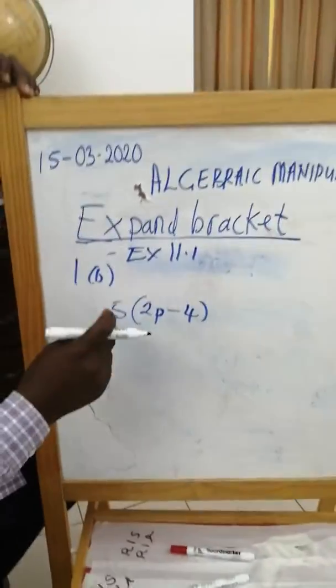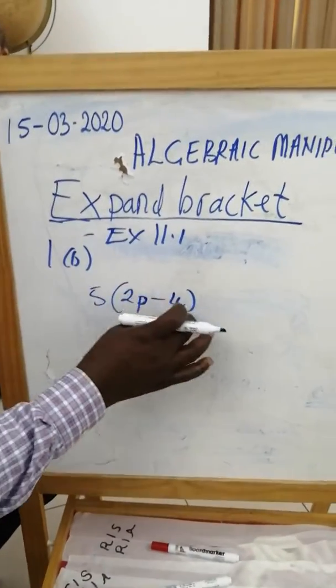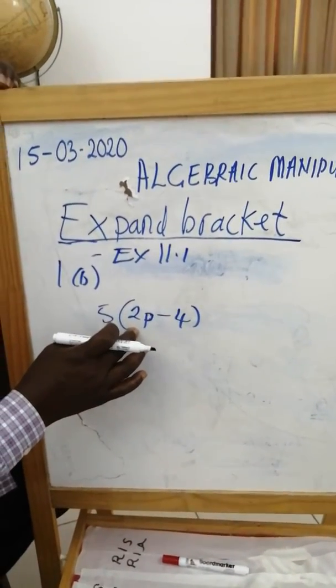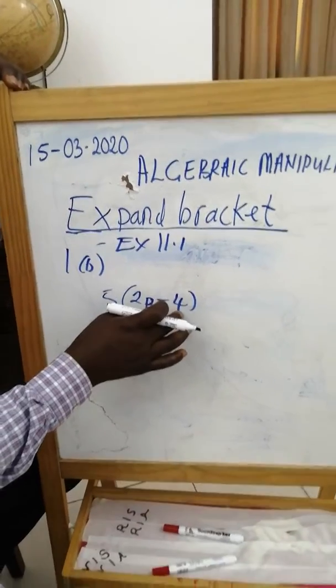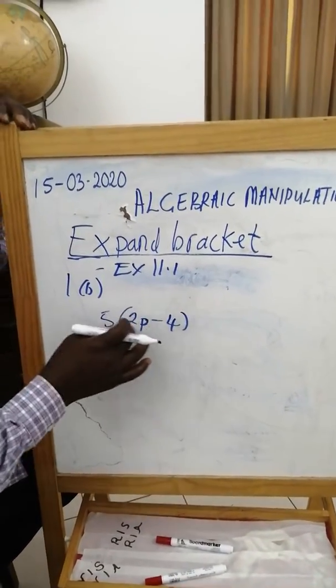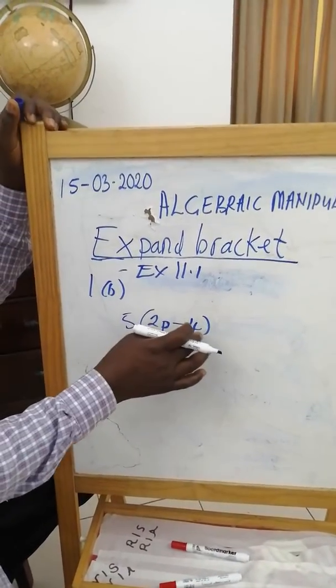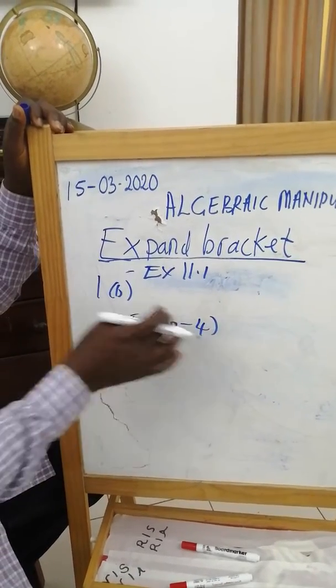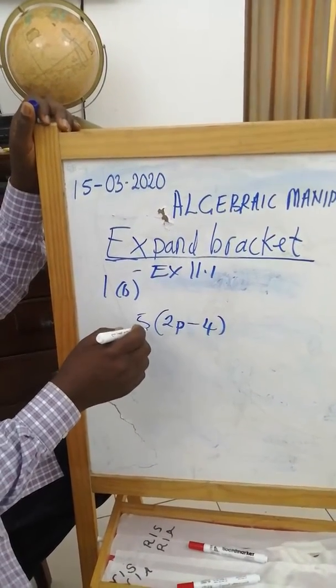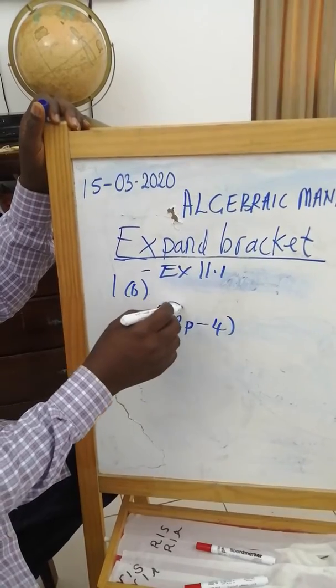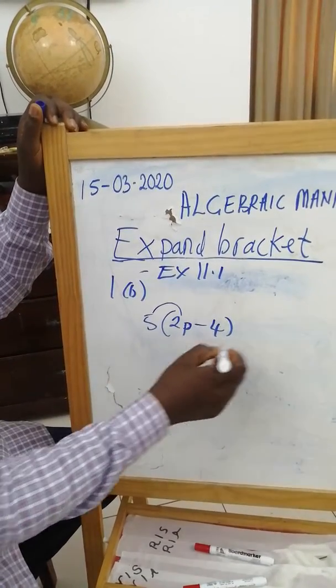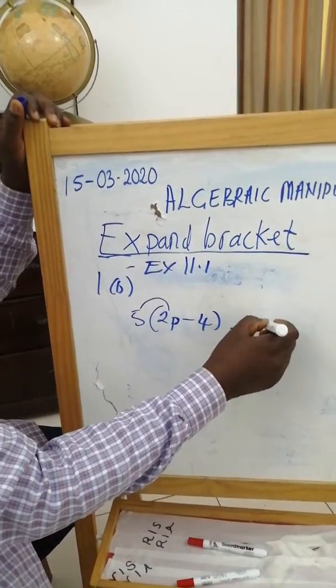To expand the bracket means we multiply 5 by everything in the bracket. And we can see that we cannot take away 4 from 2p because they are not the same quantity, they are different. This one has a p, this one doesn't have any p. So what to do here, you multiply this 5 by 2p, and that gives us 10p.